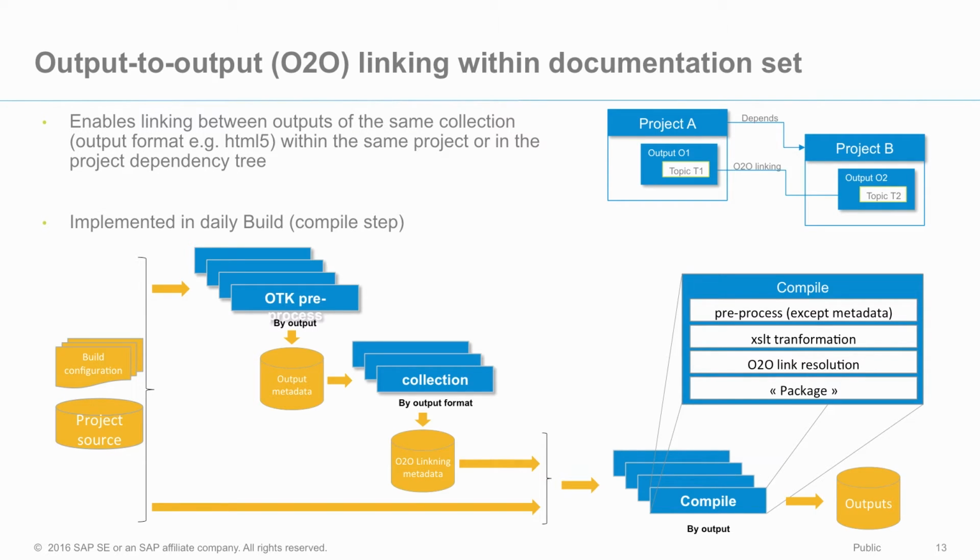We produce some metadata. We compile this metadata within the collection to compose the whole collection metadata. And during the compile step within the DITA-OT pipeline, we do the output-to-output linking resolution based on this. Obviously, if there are questions, I'm available after the session for answering.